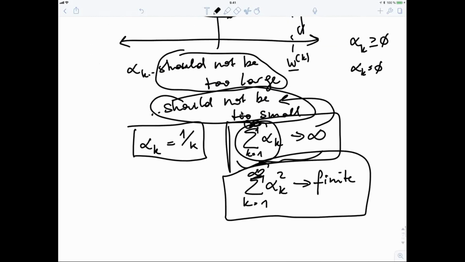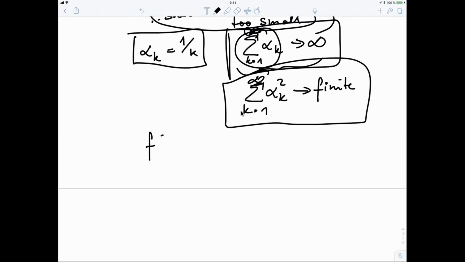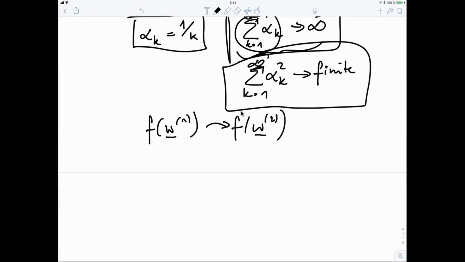In each iteration, you get a new function value. So you get a function value for W1 in the first iteration, then you do a gradient step, you get the new function value, and you could look at how fast these function values decrease, or whether they decrease at all. And based on these observations, you adapt the step size.